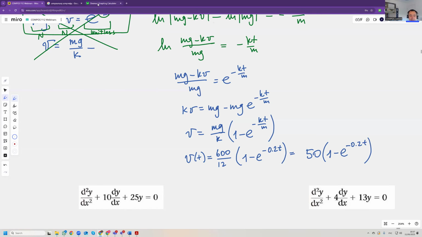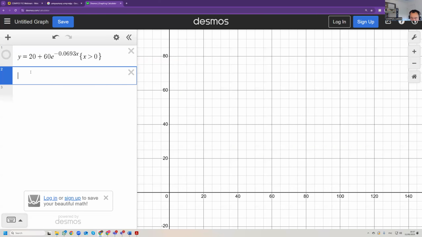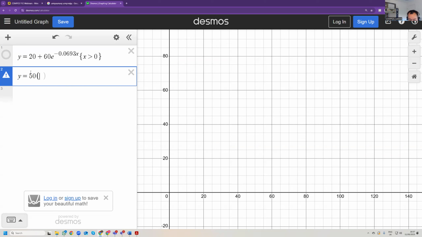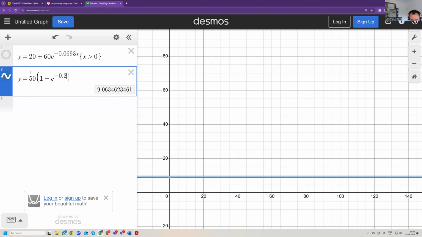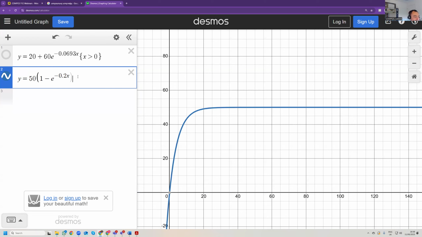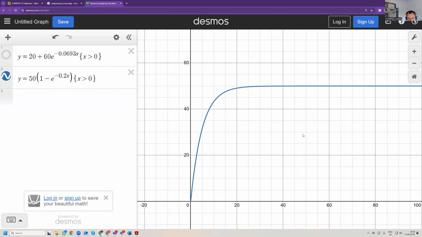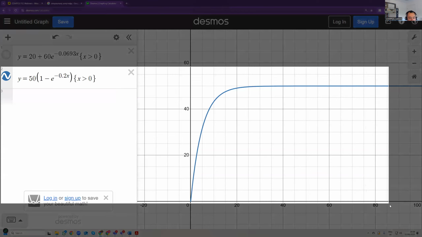All right, let's sketch that. y is equal to 50, open brackets, 1 minus e to the power minus 0.2 x. And so we can say x is a positive value. Beautiful. And you've probably seen this graph before.